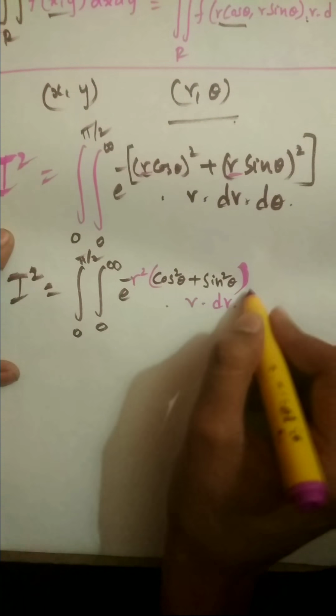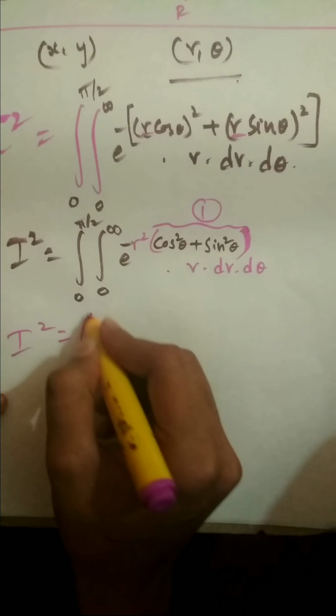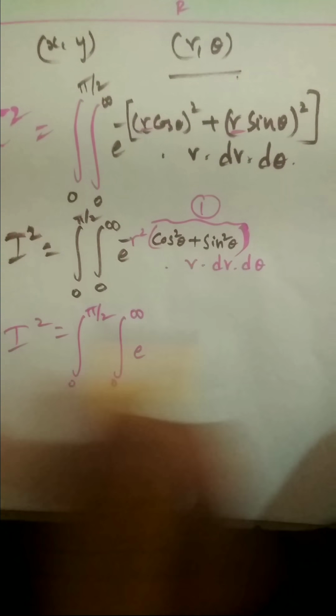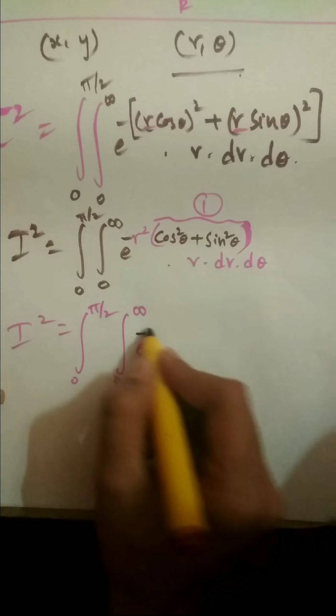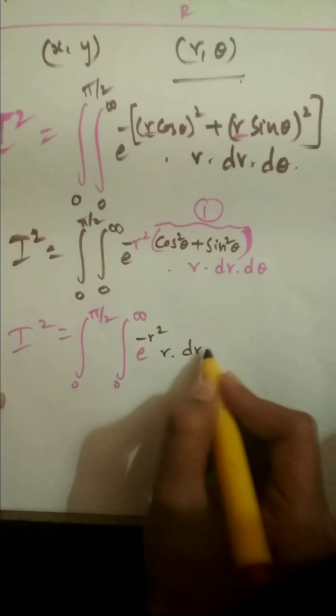Cos square theta plus sin square theta is 1. We get I square is equal to the integral from 0 to pi by 2, integral from 0 to infinity of e to the power of minus r square into r dr d theta.